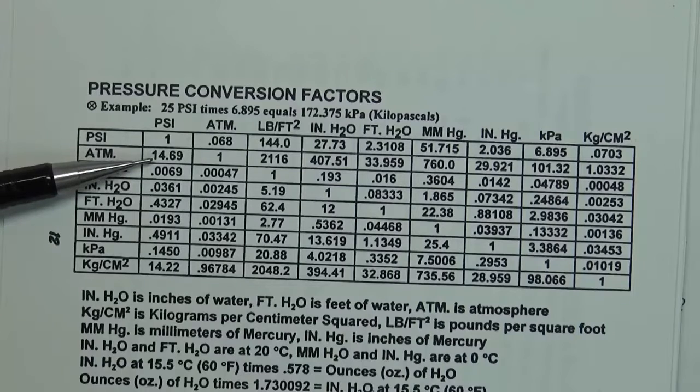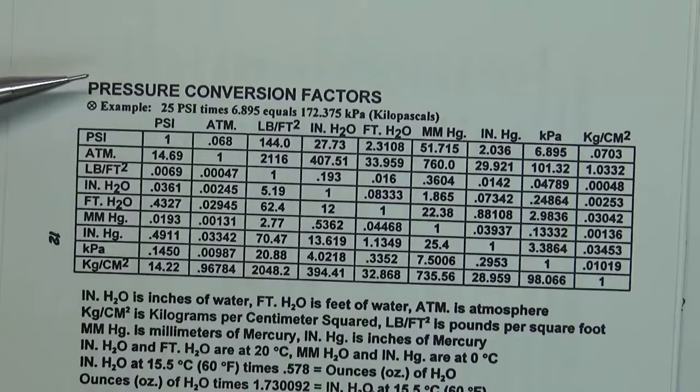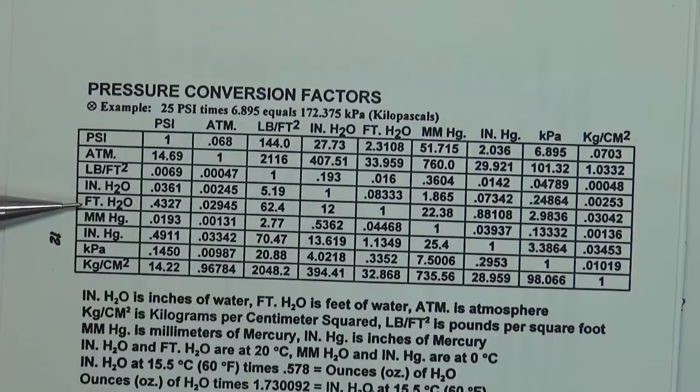So 1 atmosphere is 14.69 PSI. If I had 10 atmospheres of pressure, I'd take the number 10, multiply it by 14.69, so I'd have 146.9 PSI.